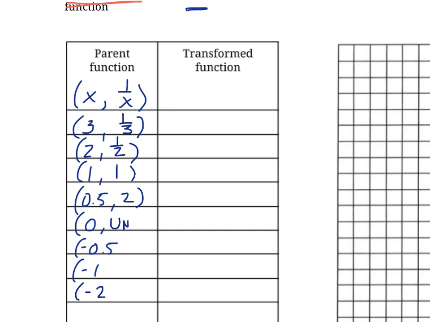So I'm just going to put UND, standing for undefined, okay? Negative 0.5 is going to give us negative 2 if we divide. This will give us negative 1, and this will give us negative 1/2, right? Had to think about that for a second. Yeah, that's the case. So we should be able to graph that function fairly easily.